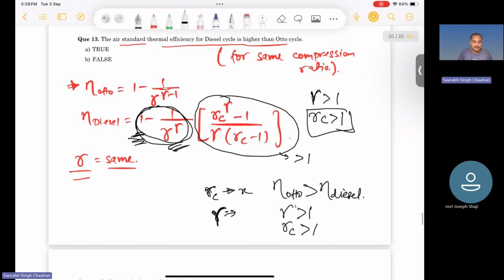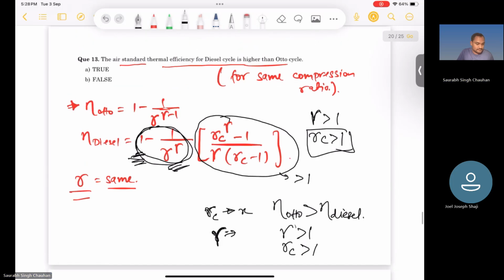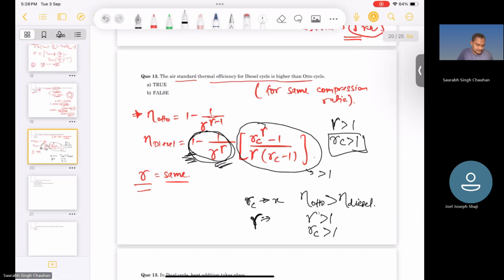Now I have one more question for you. What will happen for the limiting case, when RC, the cutoff ratio, is equal to 1? Should we try this as well? Maybe we can.